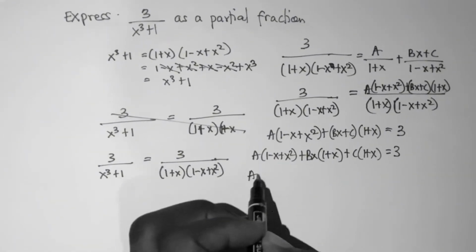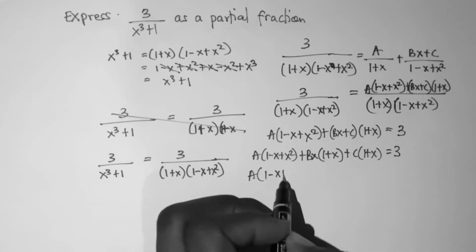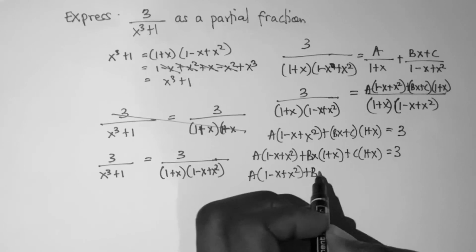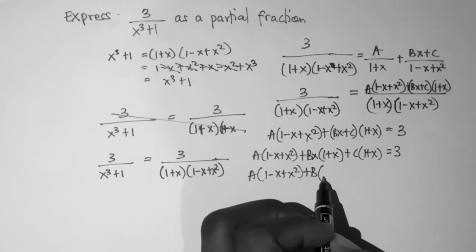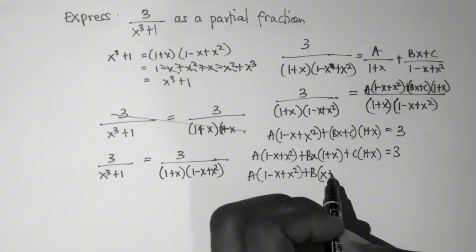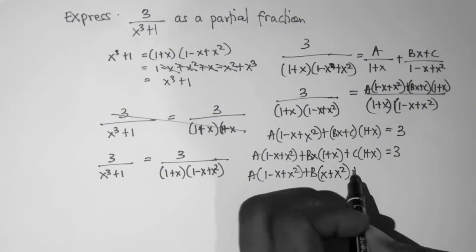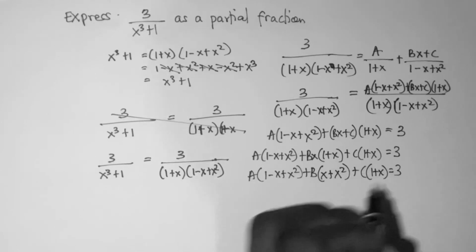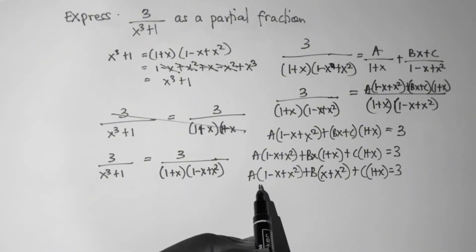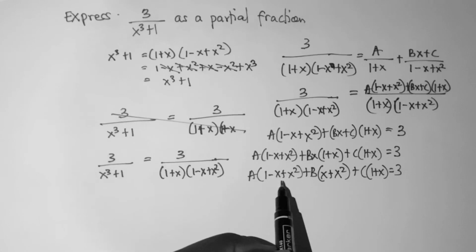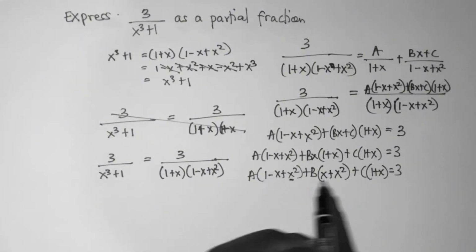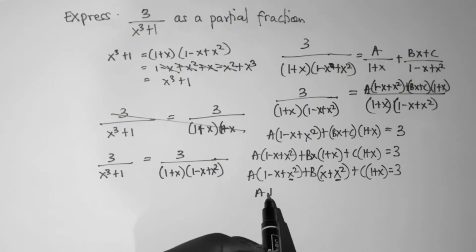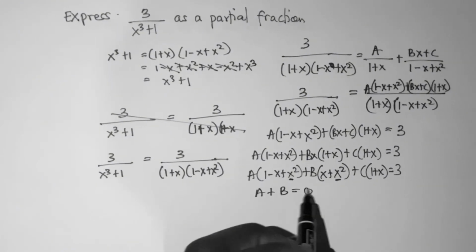So continuing further, A times (1 minus x plus x squared), plus B times x times 1 is x, plus x times x is x squared, plus C times (1 plus x) is equal to 3. So now let's group like terms. You can see that there is an x squared here and there is an x squared here. So it means that A plus B is equal to 0.